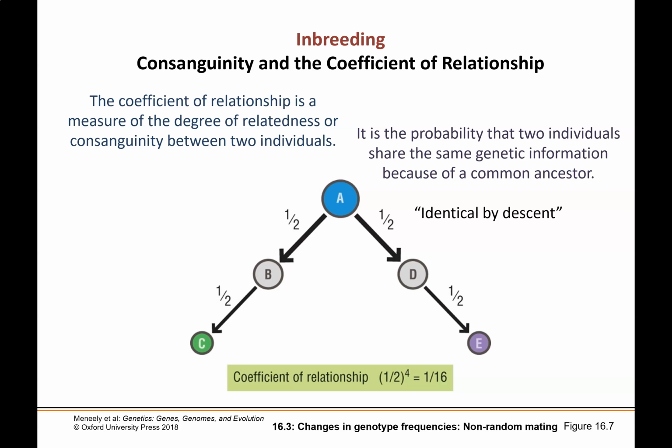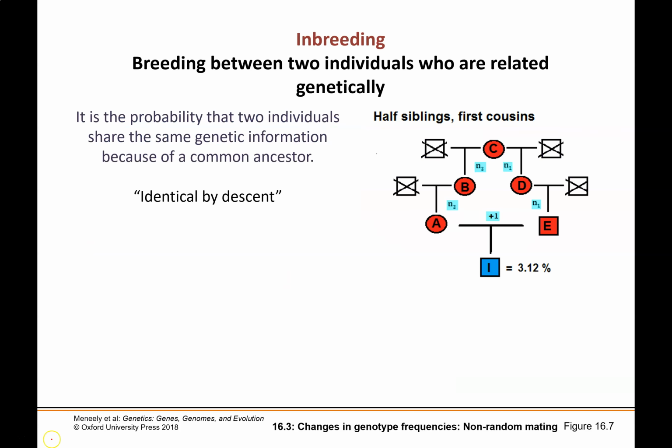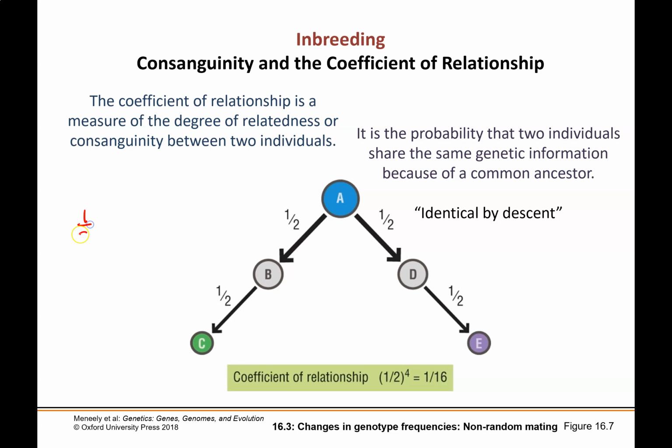So the coefficient of relationship, or how related two individuals are, is just equal to 1/2 raised to the n power, where n is the number of links or steps between two individuals.